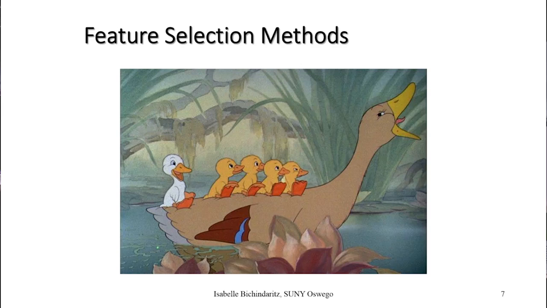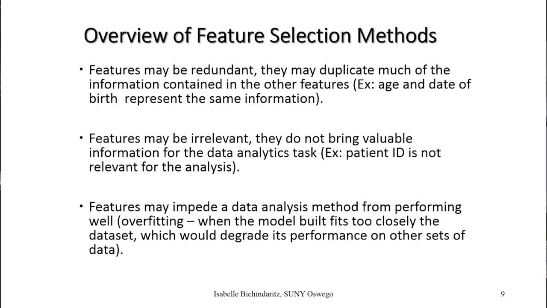So the question is, what features are important to detect what kind of duckling this is, so that we can very quickly and easily identify it. So it's a pre-processing for the data analysis.